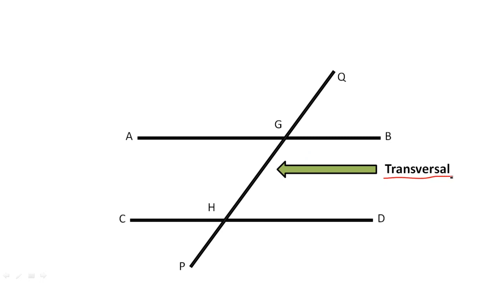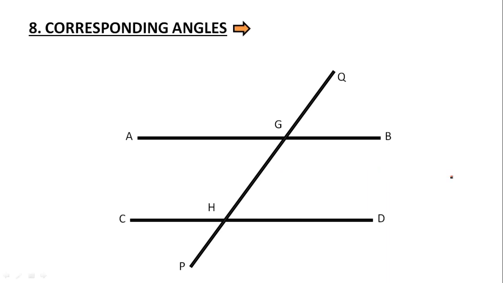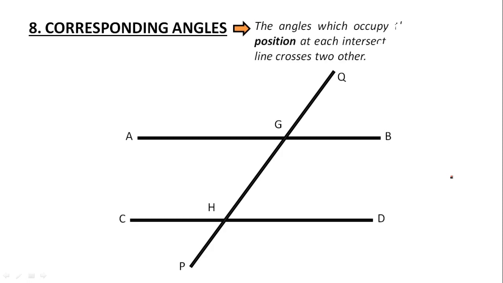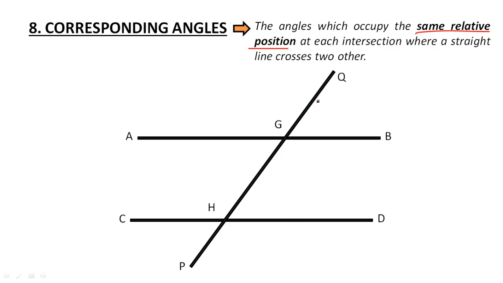Now what we see is that corresponding angles are the angles which occupy the same relative position at each intersection where a straight line crosses two others. So the angle must be at the point of intersection, somewhere here and here, and it should occupy the same relative position.